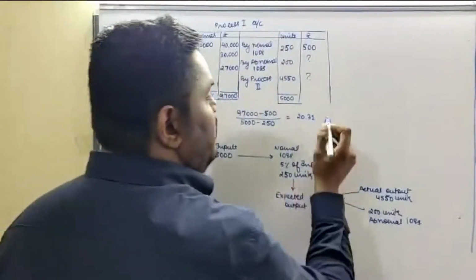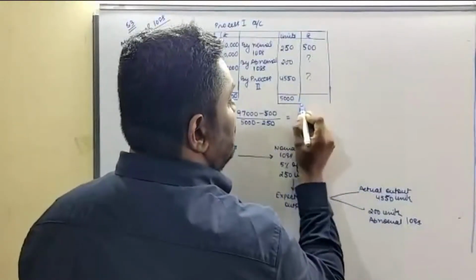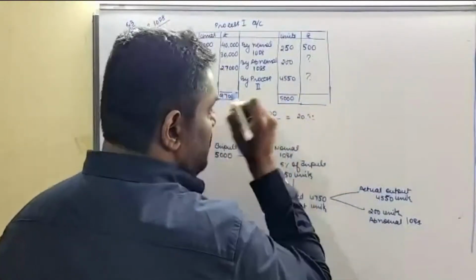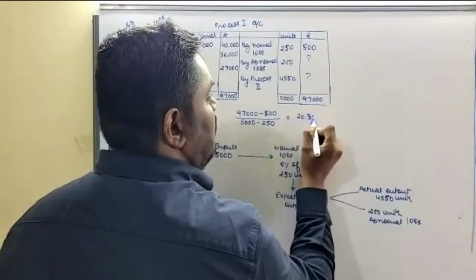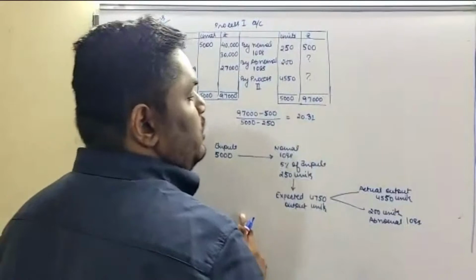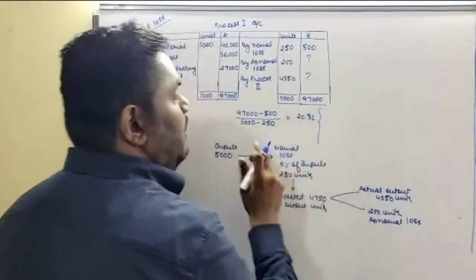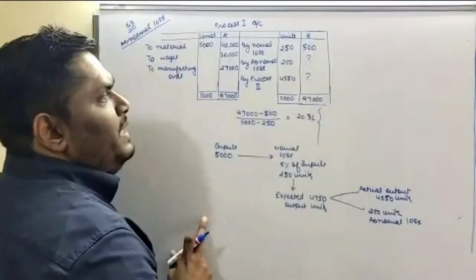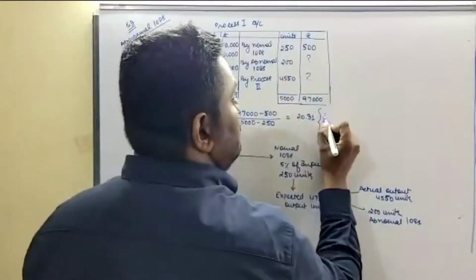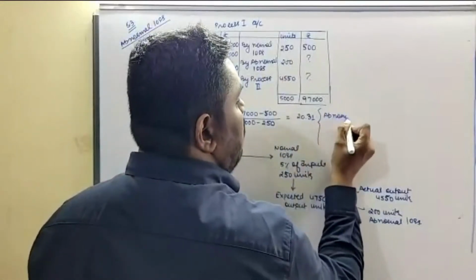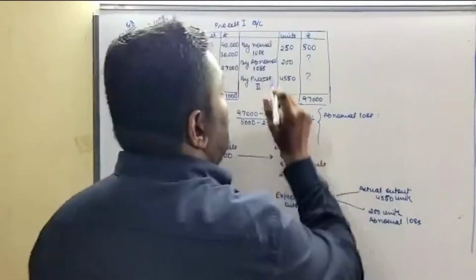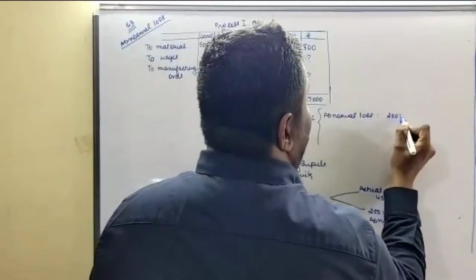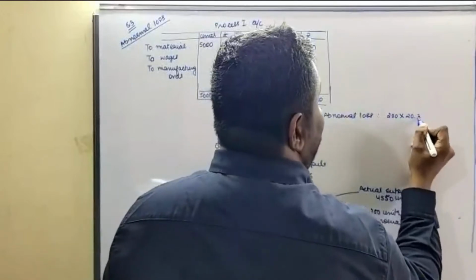Now, as I told you guys, the value of abnormal loss will be equal to the value of good units. So total abnormal loss of 200 units into 20.31.